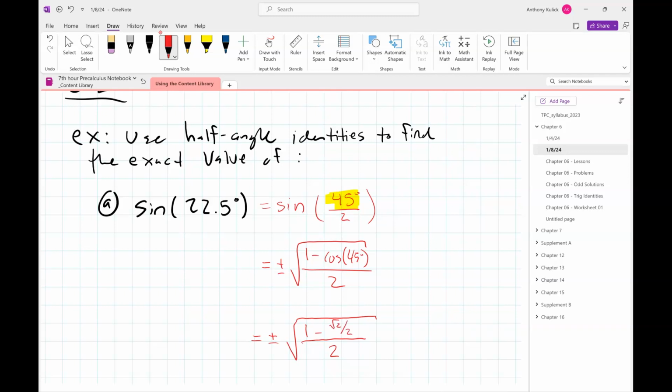We found that by locating 45 degrees on our unit circle and then looking at the x coordinate, because cosine is the x coordinate on our unit circle. So now I have that same fraction inside a fraction business going on, right? Everybody see that? I got the little fraction inside of a big fraction.